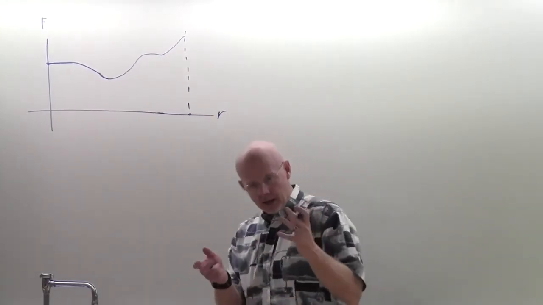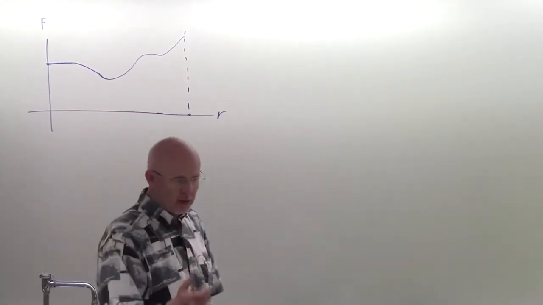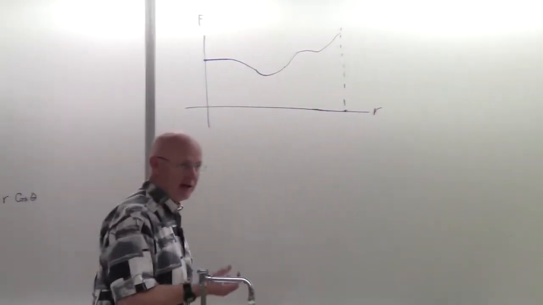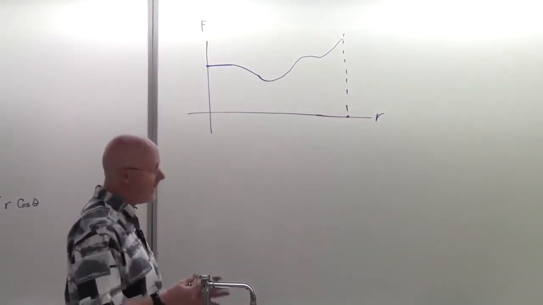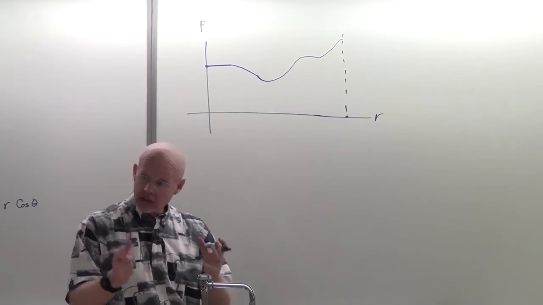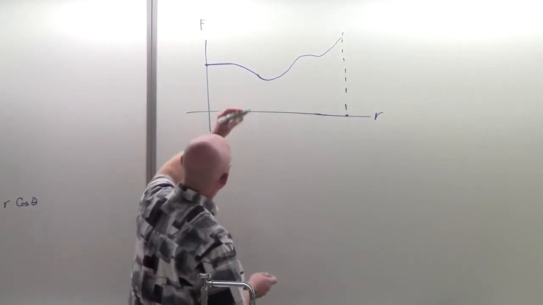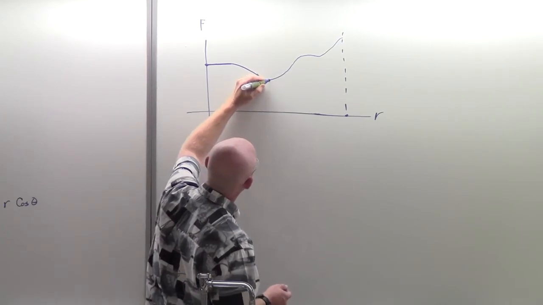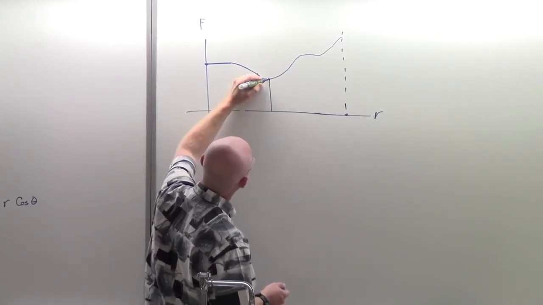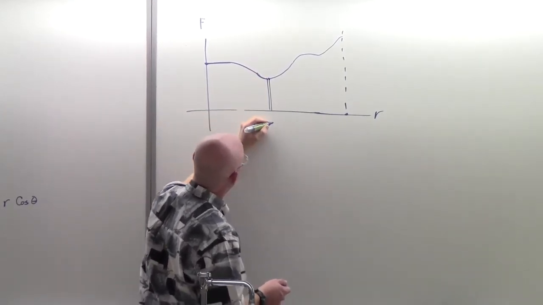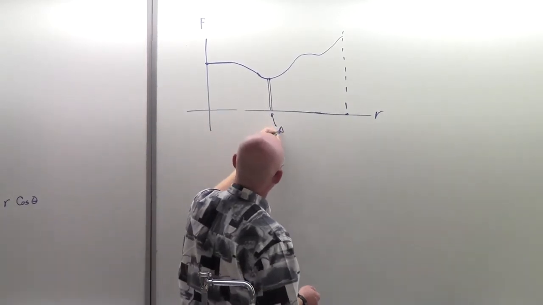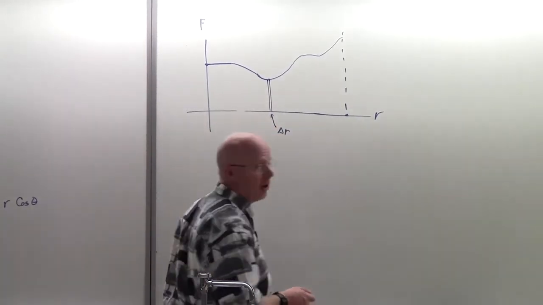Well, you guys are, as you pointed out, familiar with calculus. And if I were to look at this on a microscopic or infinitesimal view, I might say from here to here, the object did not move far. I'll just call it a little delta r.